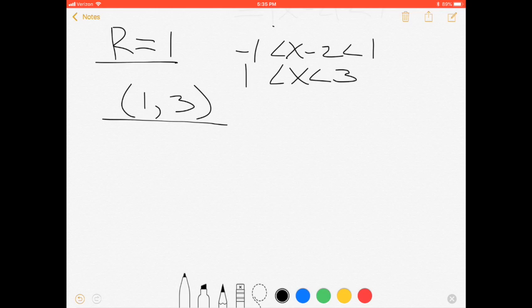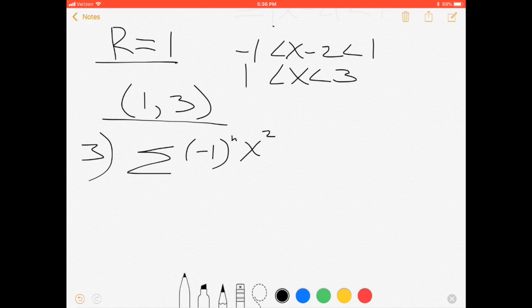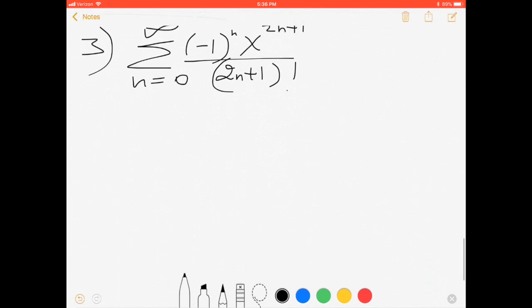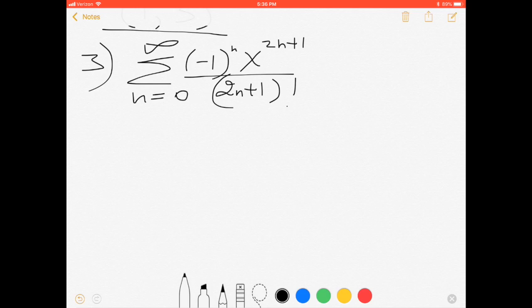Great. Now let's look at the last one. Our example number 3, we have the series (negative 1) to the power n, x to the odd power 2n plus 1, over (2n plus 1) factorial, n from 0 to infinity. Use the same ratio test.